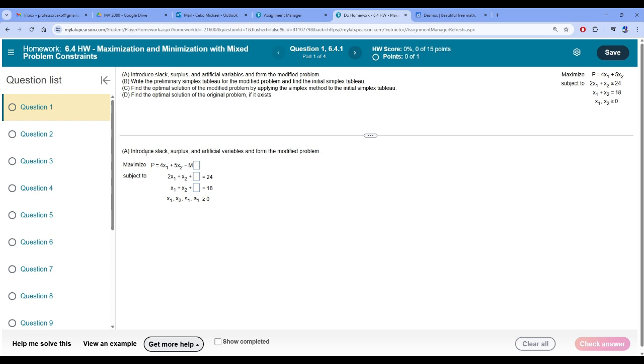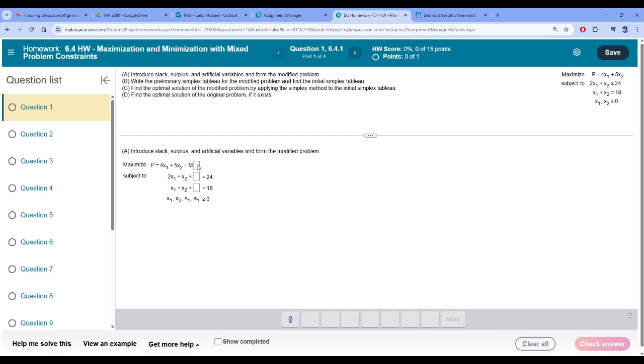All right, so introduce slack variables, artificial variables, and form the modified problem. This would be MA subscript 1. Where did it go? Which one of these did it go with? Did it go with 1, plus A subscript 1, was that it?